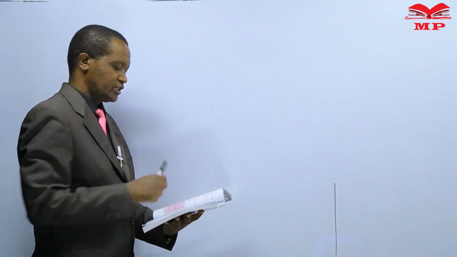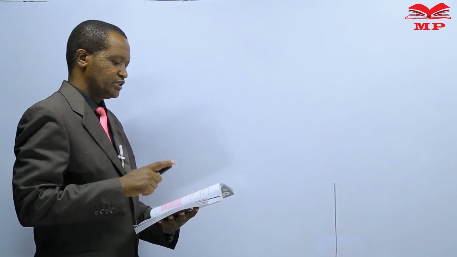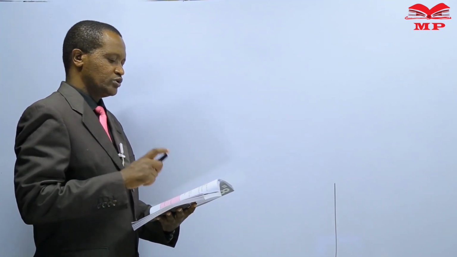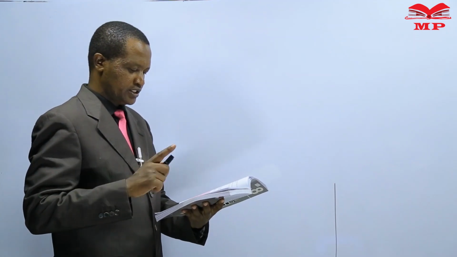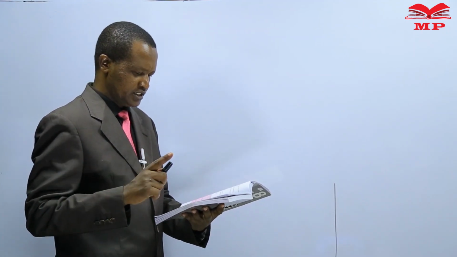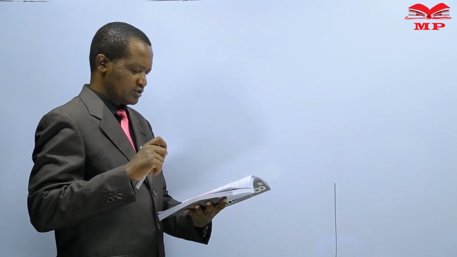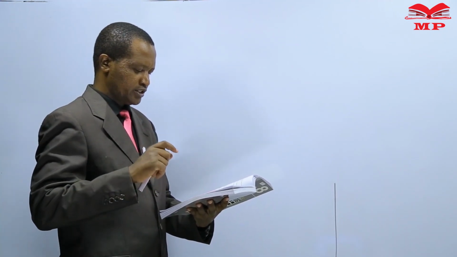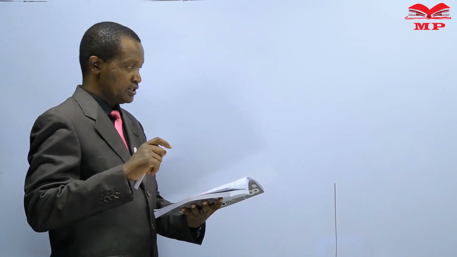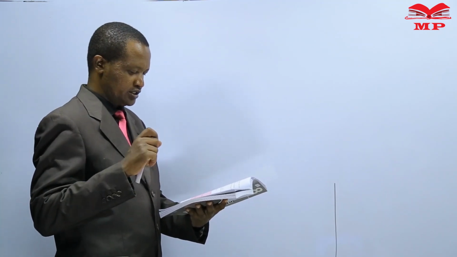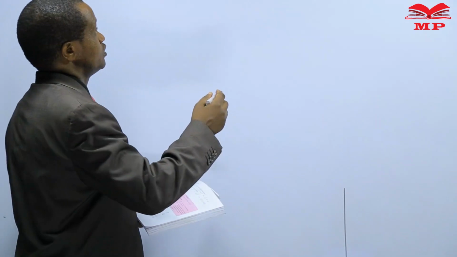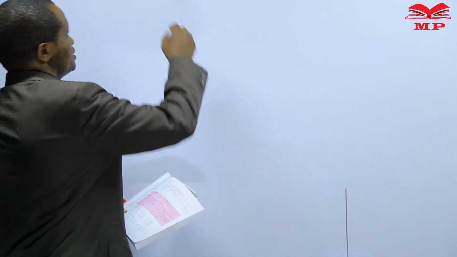We have done together question 1A, B, C. Question 2A, B, C. We have worked together question 3A, B, C, and D. Then we have worked together question 4A, B, C.